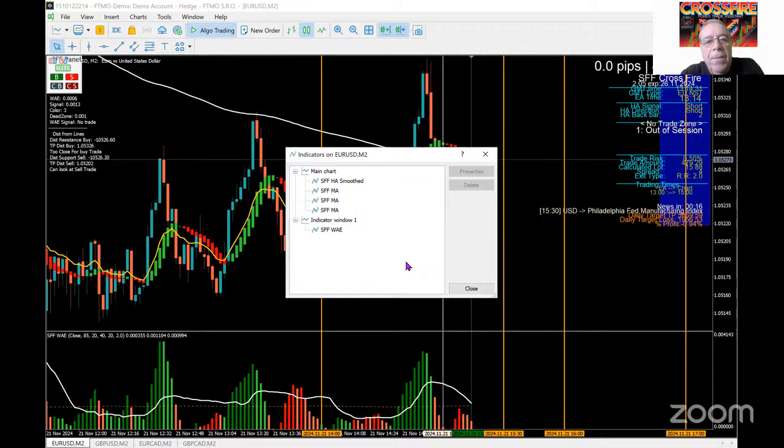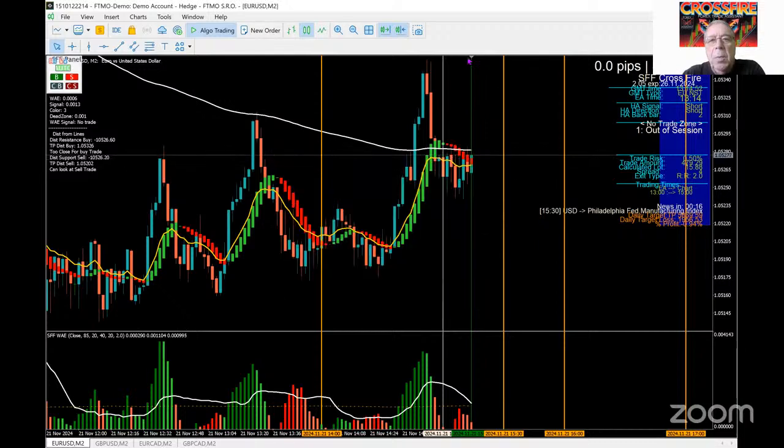And if you never come here and tidy it up, you'll get 2, 3, 4, 5 lots of duplicates, and it's a good idea just to quickly go through each time you start trading.